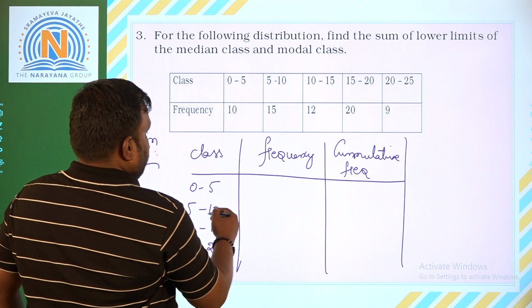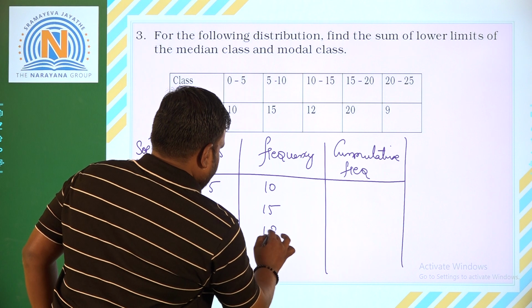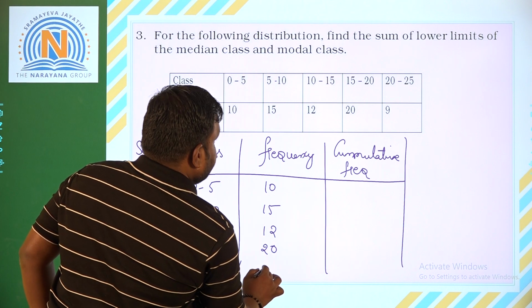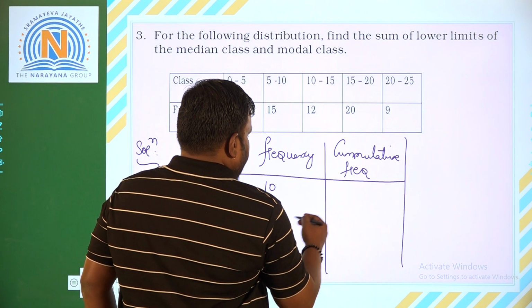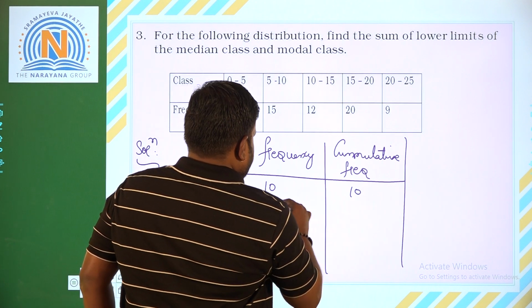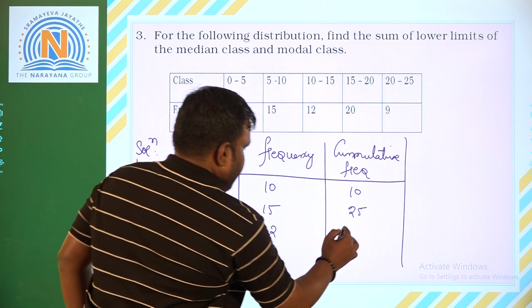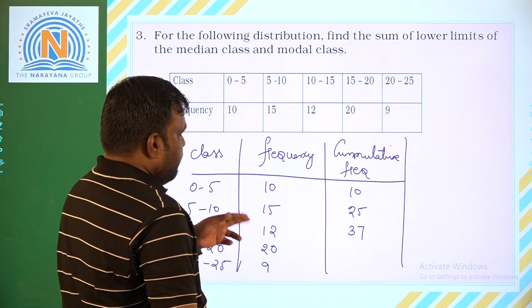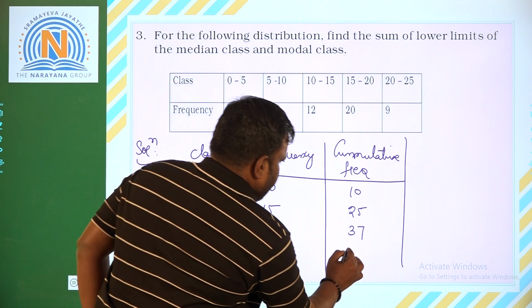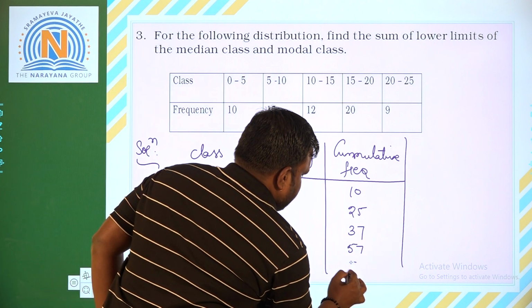The respective frequencies are 10, 15, 12, 20 and 9. So the cumulative frequencies, we already know it: 10 plus 15 is 25, 25 plus 12 is 37, 37 plus 20 will give you 57, 57 plus 9, that is 66.